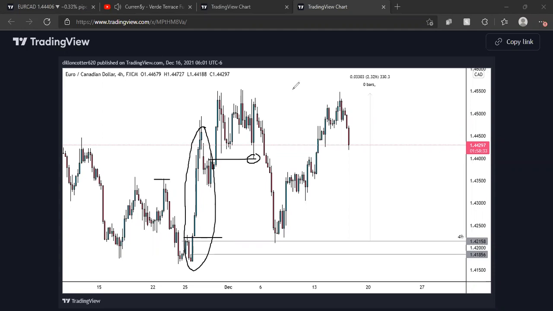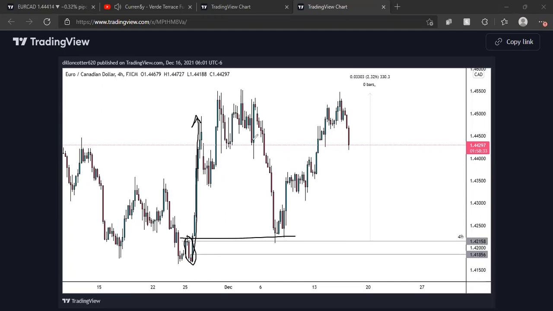And what we waited for: you can see on the before, price was about right here, but we waited for price to get down into that lowest point, that last point of selling before this huge break of structure to the upside.